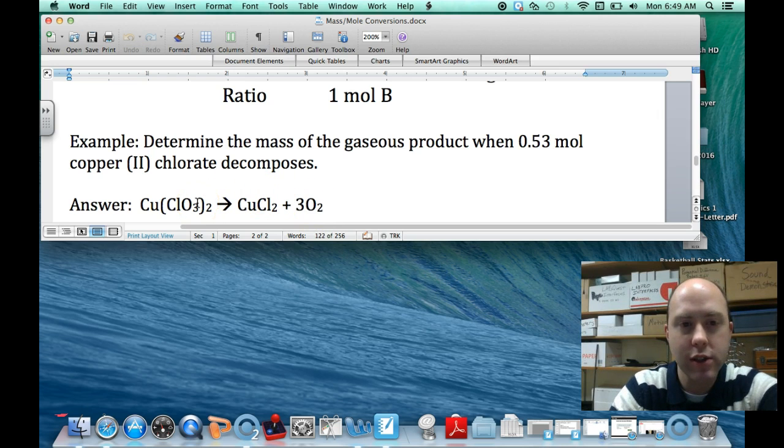And then I just need to put coefficients in. 1 copper, 1 copper. 2 chlorines, 2 chlorines. 6 oxygens. There's only 2 oxygens, so that's why I put a coefficient 3 right here. The hardest part, in my opinion, is done, which is writing out the balanced formula.